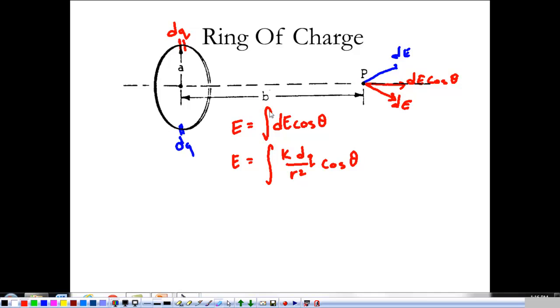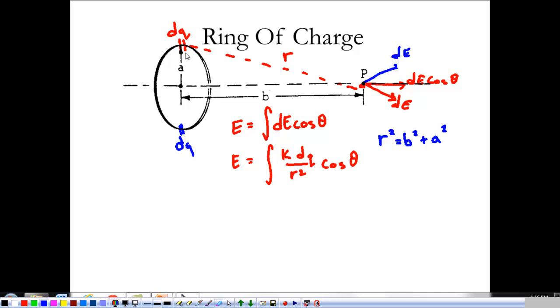So let's look at what all these things mean. K obviously is a constant, that'll be coming out. What is r? R is the distance between my differential piece of charge and point P. Well, we know looking at it that r squared is going to be, in this case, b squared plus a squared.